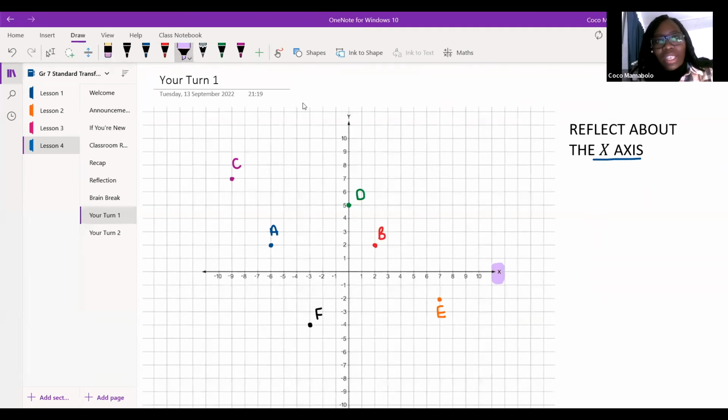This X over here, this is my mirror. If A is over here, I'm going to count 1, 2. I'm 2 units away from my mirror. So what is A prime going to be? Do the same for B prime, please, guys. For C prime, I'm going to follow your answers.